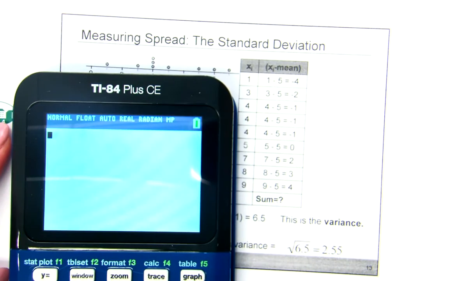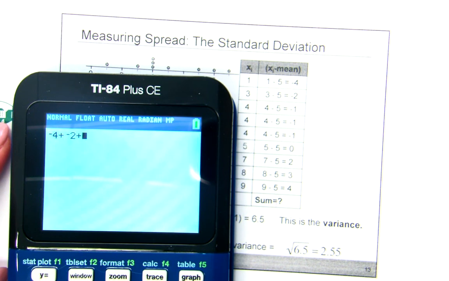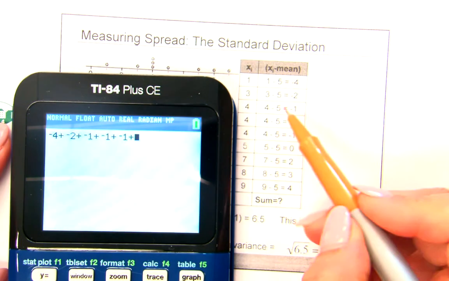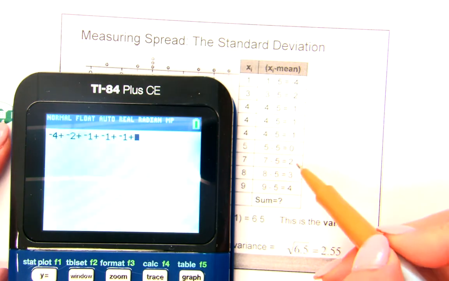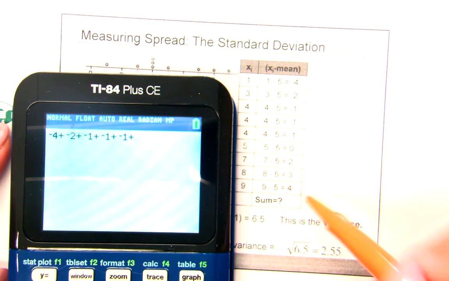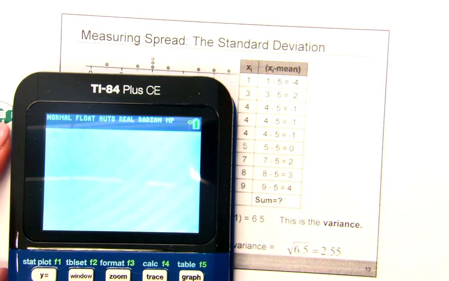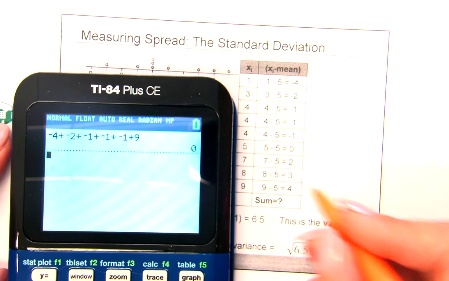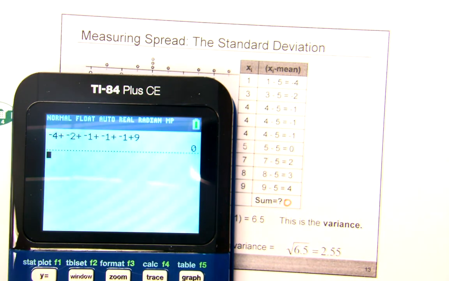We have -4 plus -2 plus -1 plus -1 plus -1, because we have 3 observation points at 4, plus 5 plus 4, which gives you plus 9. So we get 0. What's the sum equal to? 0.